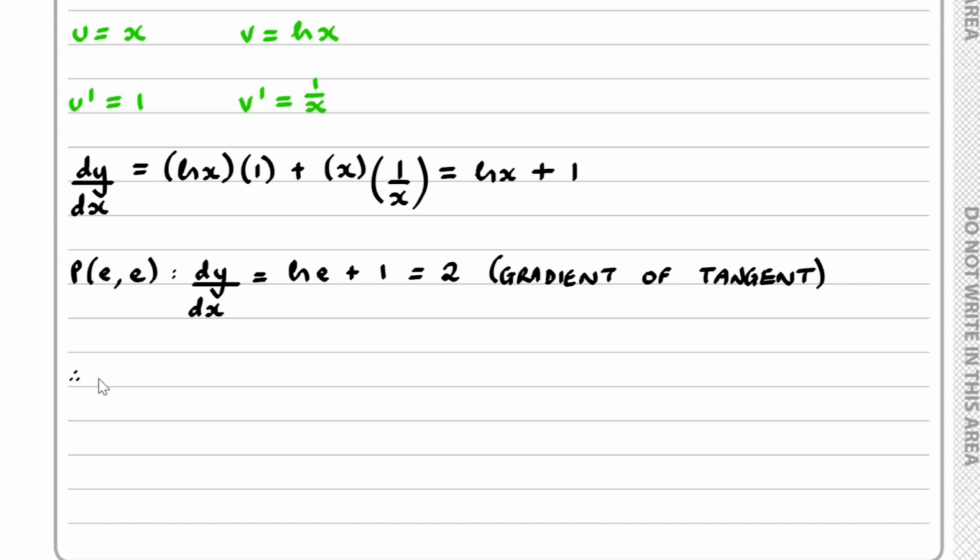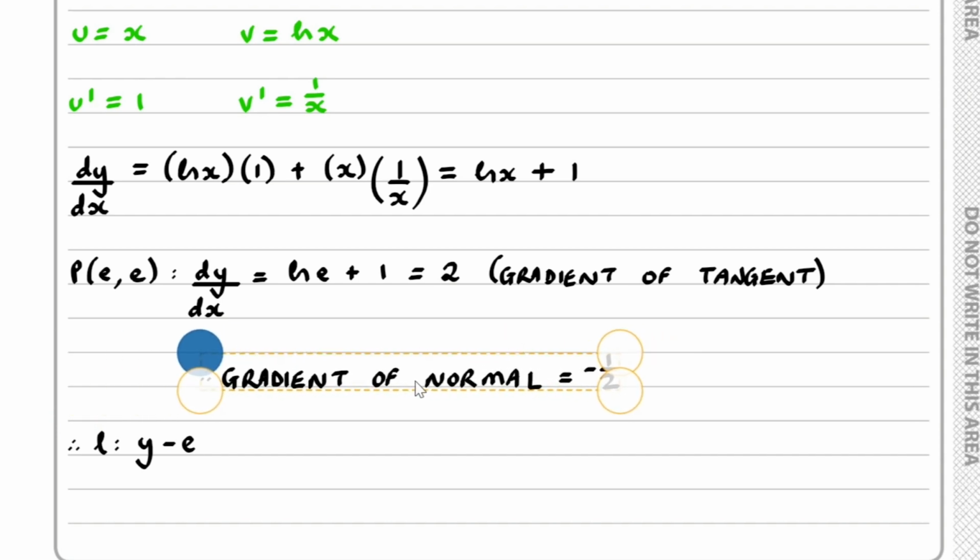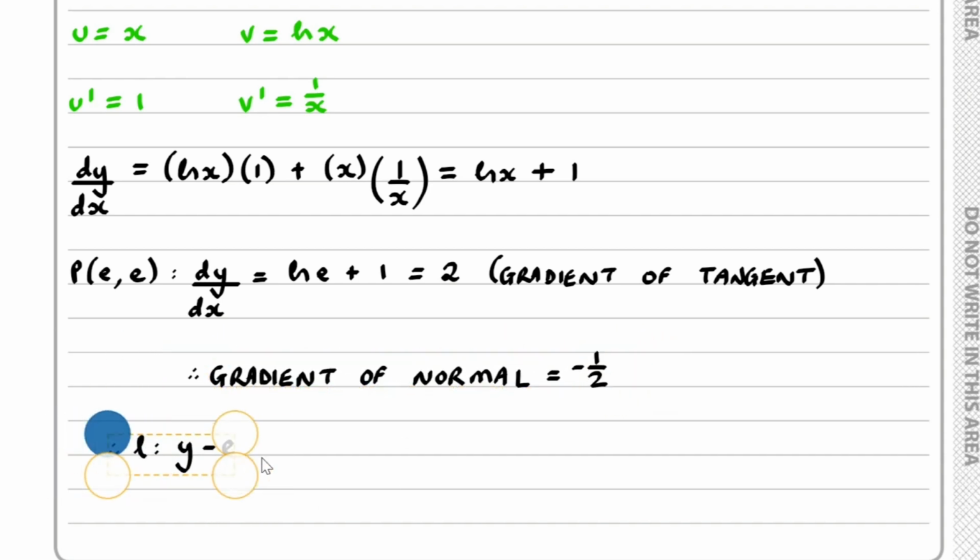And so therefore, the gradient of the normal is the negative reciprocal of this, which is minus 1/2. And so therefore, the equation of the line L, well, let's just move this over here. At the point E, the equation is given by y minus e equals minus 1/2 times x minus e.